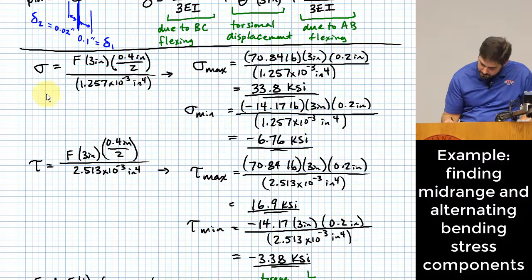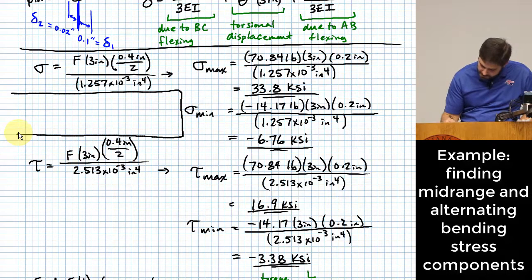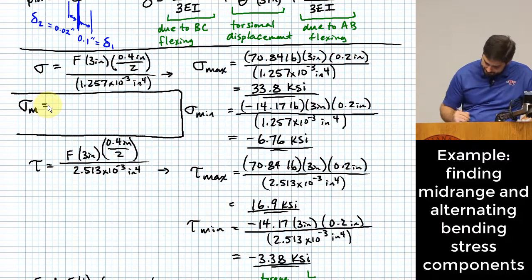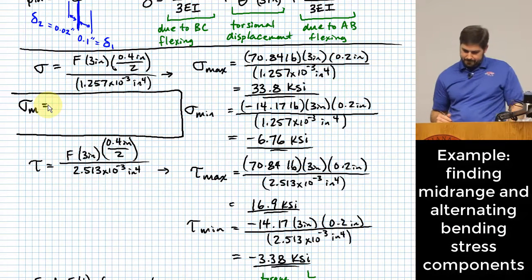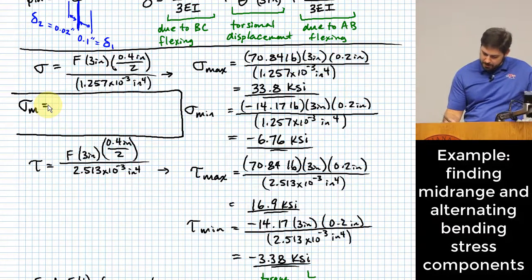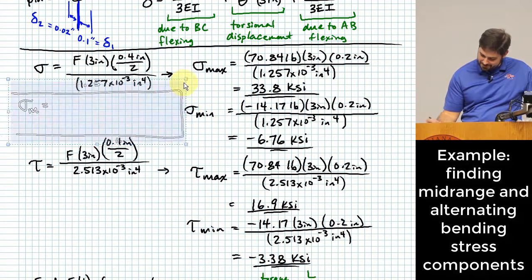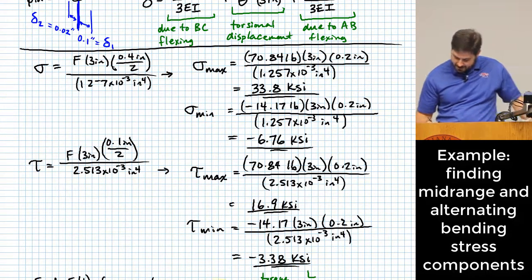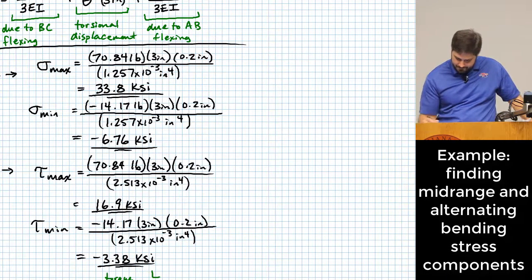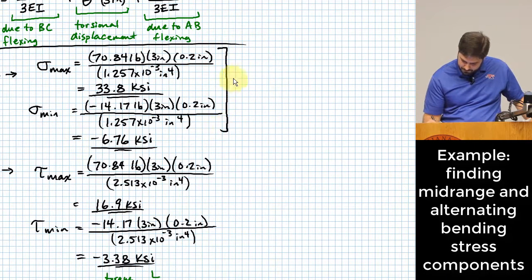Okay. Let me do that right here. What is my stress mid-range going to be? This may not be a good place to do it. I'm going to run out of space pretty quick. Okay, I'll move over here to the side. What's my mid-range stress?